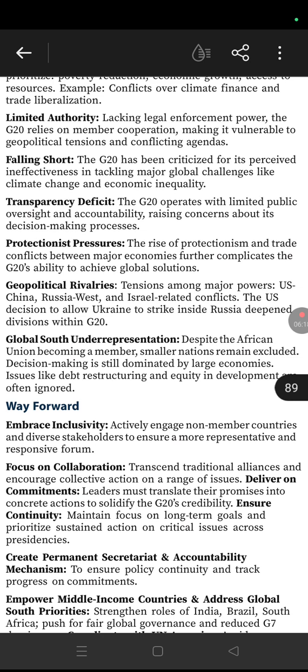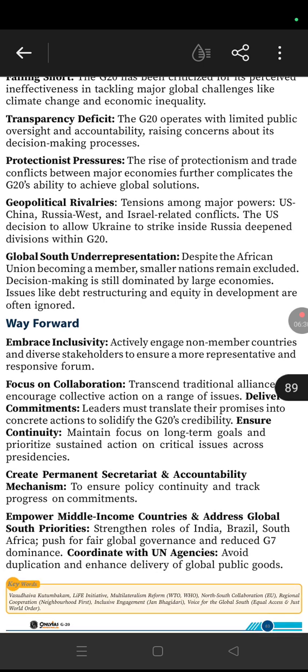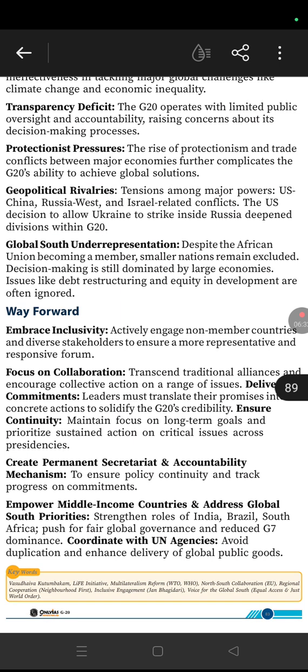And there is rise of protectionism and trade conflicts, as we have seen with Trump's rising tariff rates for developing nations hitting the economy. There are geopolitical rivalries, as we have seen between Russia and West, US, China, Israel conflicts. So this has led to divisions within the G20 summit.